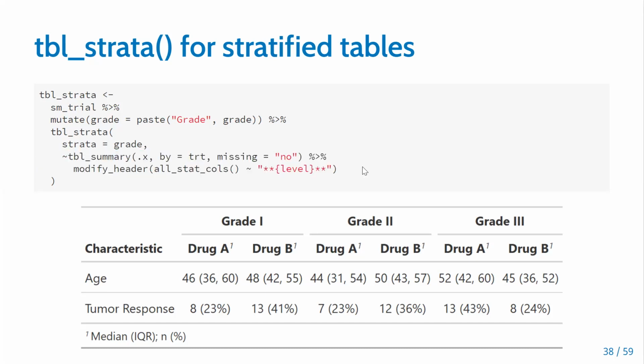So this syntax is very similar to what you'd see in the purrr map family. You put a tilde in front, and the .x represents the stratified table, data frame, I should say. And then you construct it that way, and you tell TBL strata that you want to stratify everything by grade. And then it will, by default, create each one of these TBL summaries within each grade and then merge them. You can also stack them in the end if you'd like, FYI.